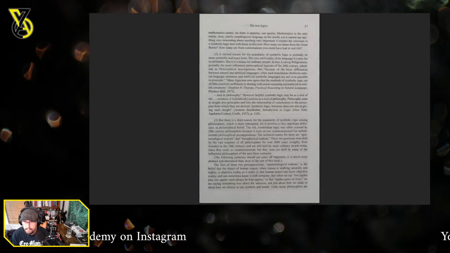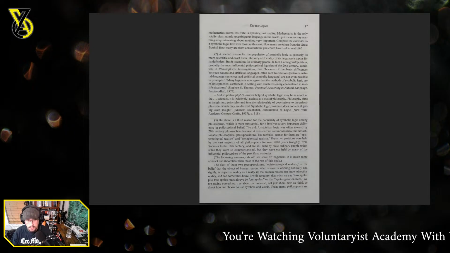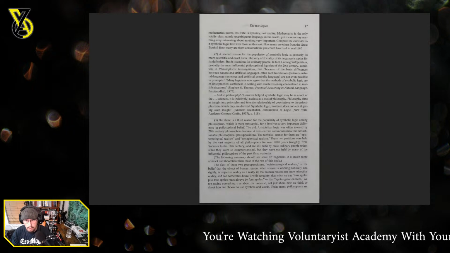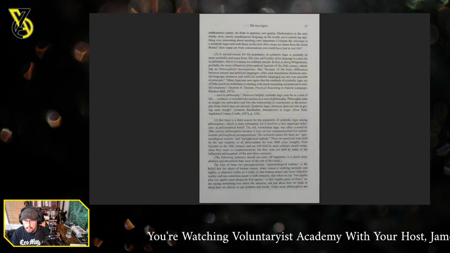In fact, Ludwig Wittgenstein, probably the most influential philosophical logician of the 20th century, admitted in Philosophical Investigations that, quote, because of the basic differences between natural and artificial languages, often such translations between natural language sentences and artificial symbolic language are not even possible in principle, end quote.